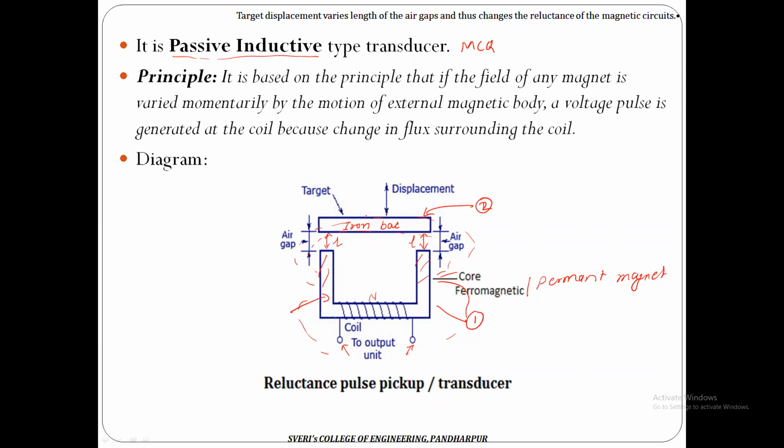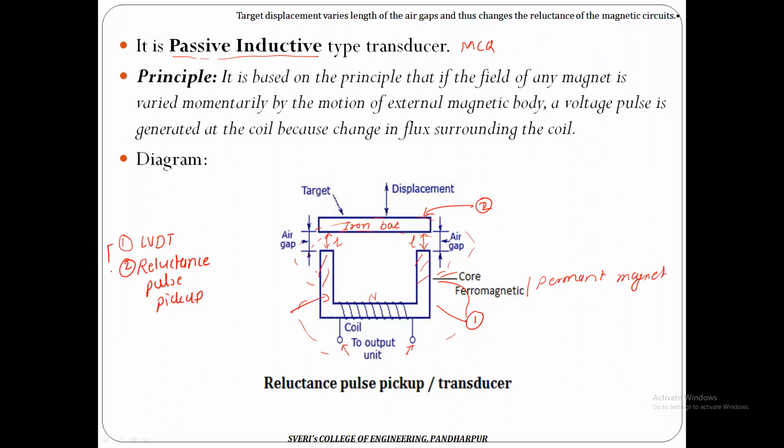Okay, so right now we discussed two transducers: one is the LVDT and the other is the reluctance pulse pickup.